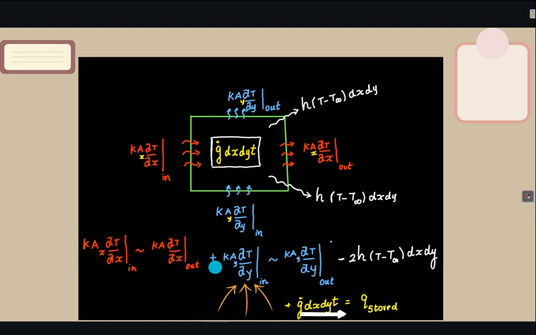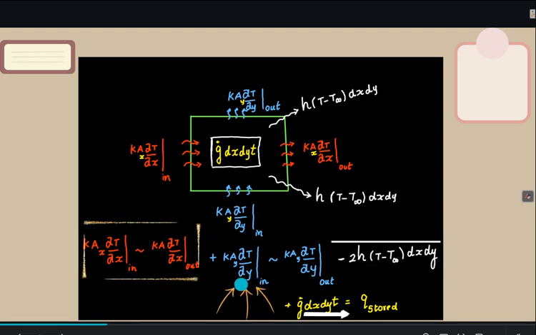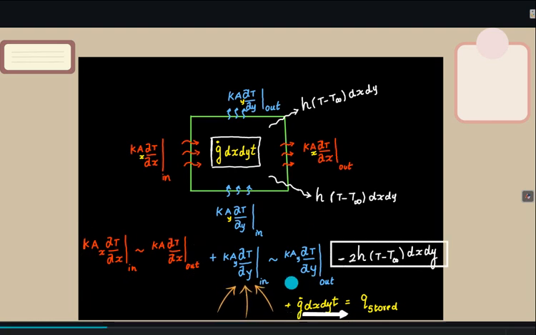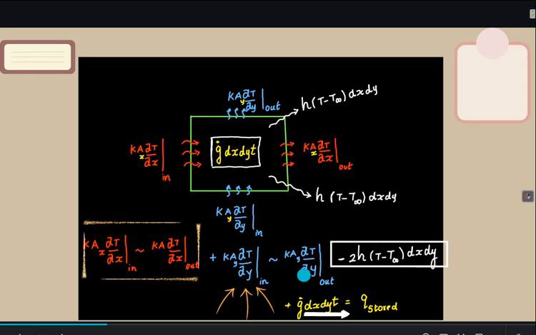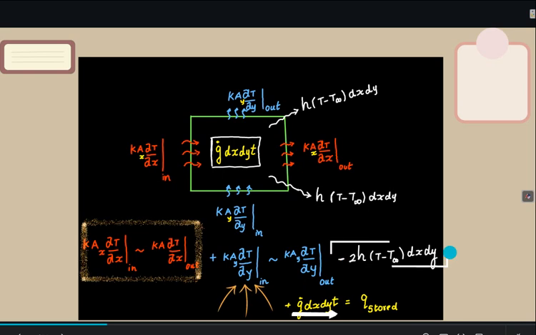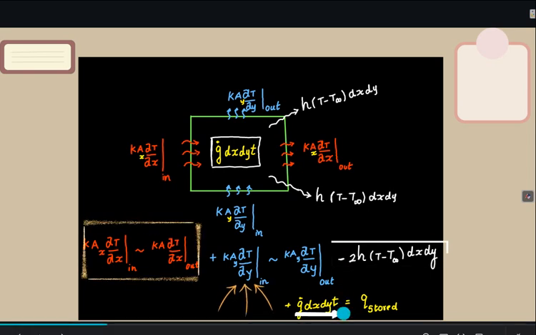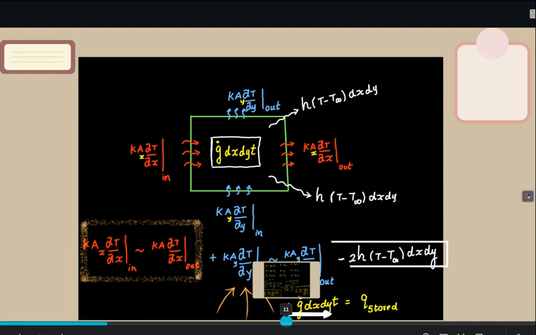So in exactly the same manner, the quantity of heat that is coming in along the y direction minus the quantity of heat that is going out. So say 10 comes in, 7 goes out, 3 is stored. And also the quantity of heat that is lost due to convection, that expression is there. And the quantity of heat that is generated, because of some kind of reaction, or maybe there is an electric current that is passing.